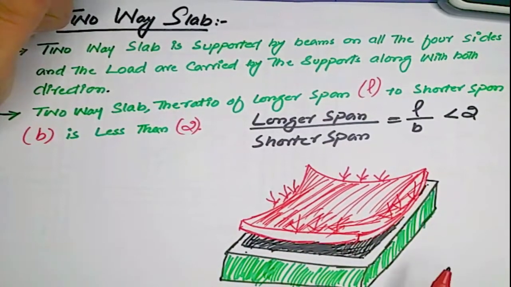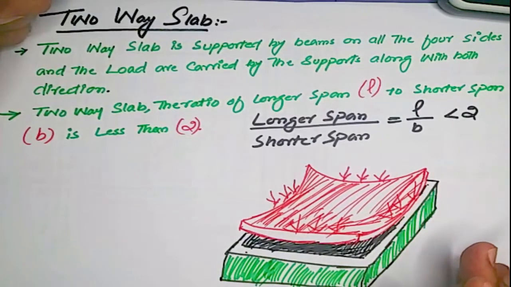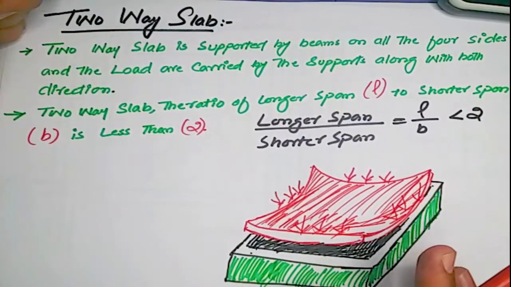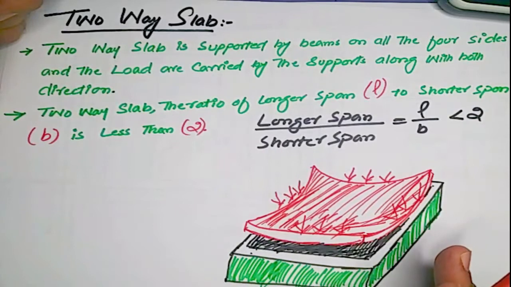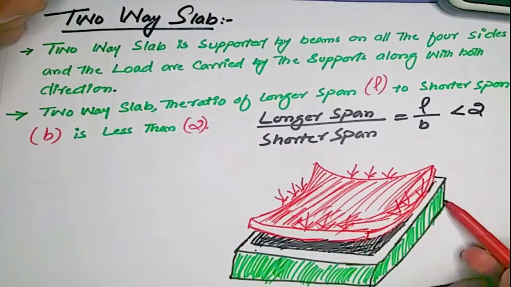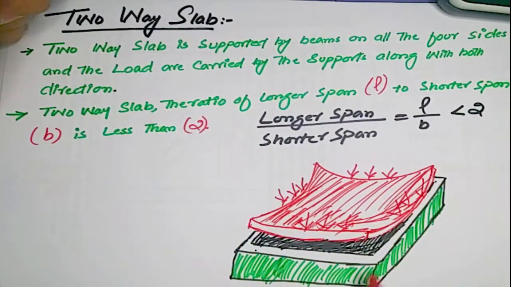So a two-way slab is a slab which is supported by beams on all four sides.